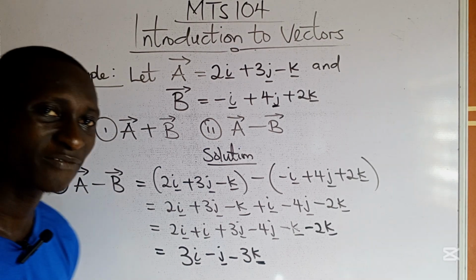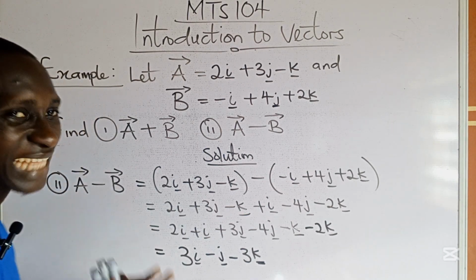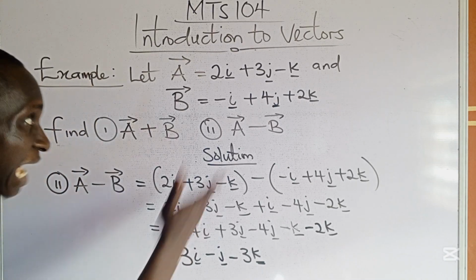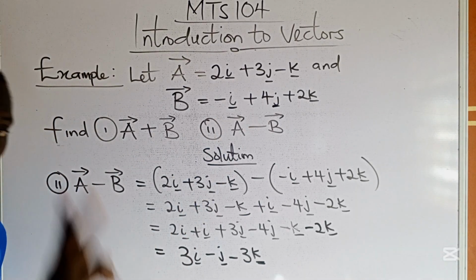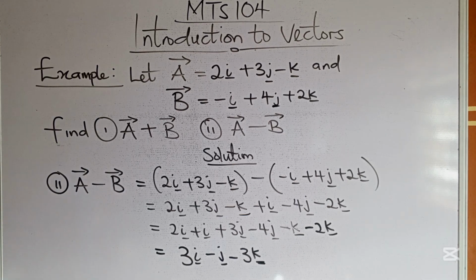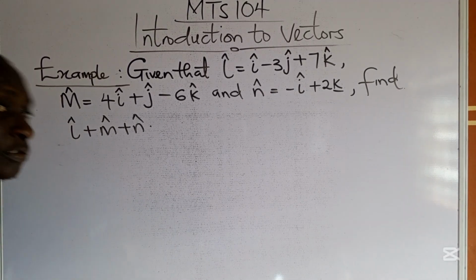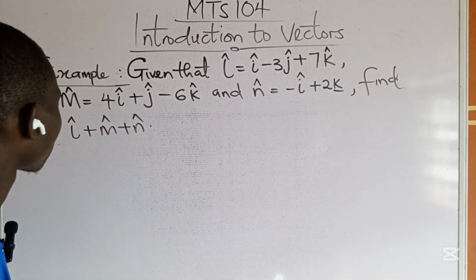Now let's pick up another example so we could understand in detail how we subtract and add up vectors. Example 2. Now proceeding with our example under addition and subtraction.